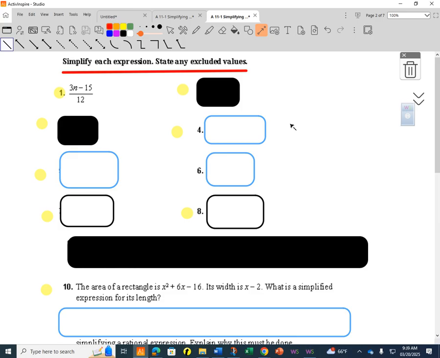Let me put that in there. Number 26. Okay. So you'll see the first 7 problems in your homework have those same directions.